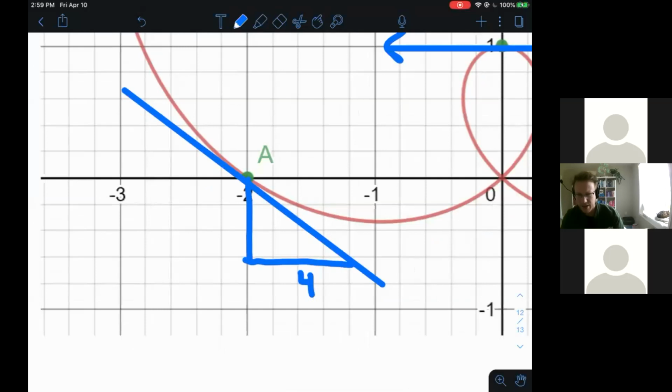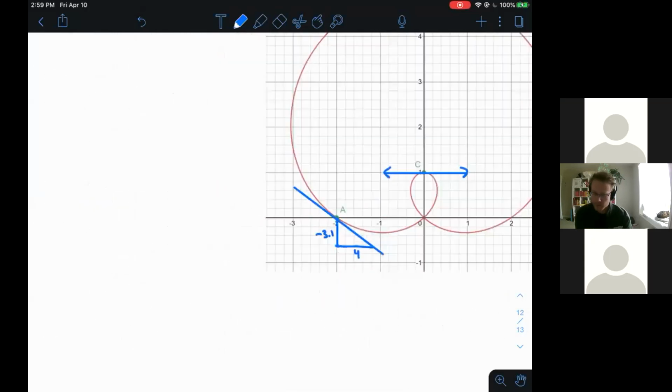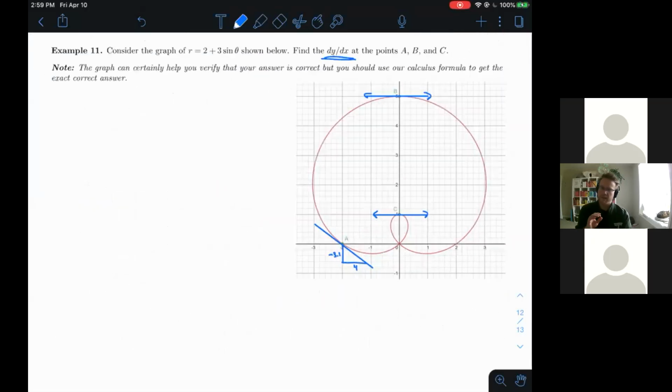Again, this is just a sketch, so it's hard to say if this is accurate, but this is maybe 3 point and change. So maybe it's a little bit closer to 0 than -1, maybe around -0.9. So we can use the curve to approximate, but we really want to practice using our calculus formula in order to verify.